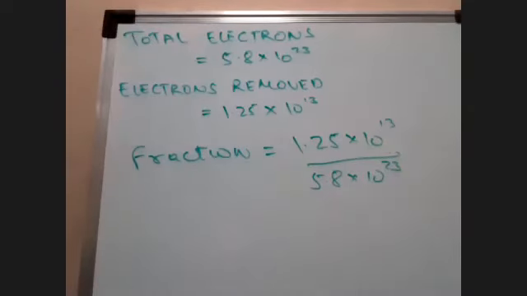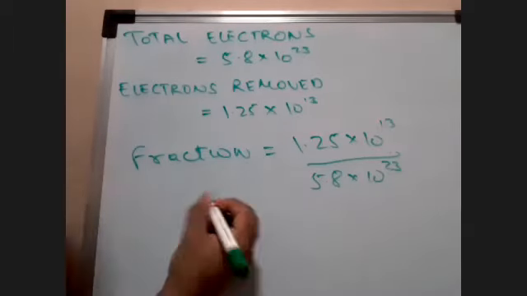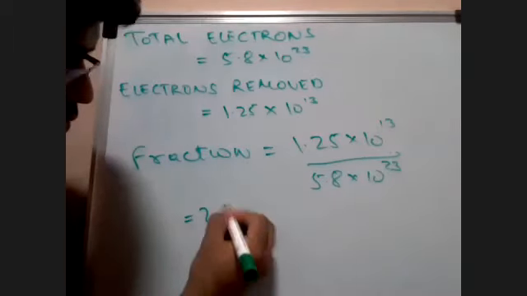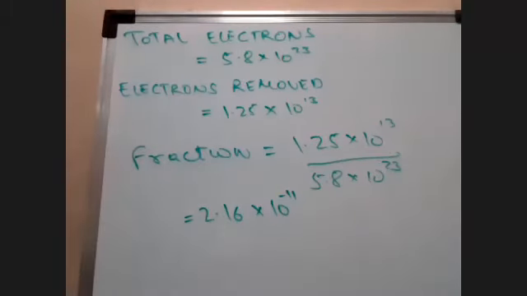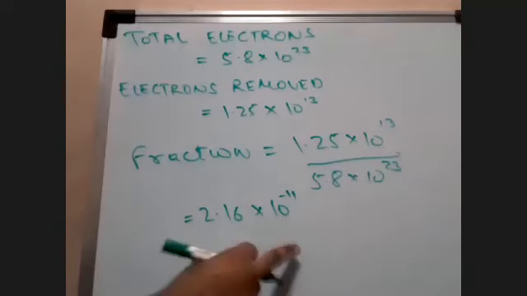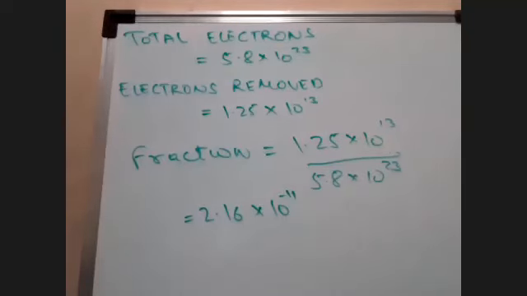How much will that be? That will be 2.16 into 10 raised to minus 11. So this is the fraction of electrons that must be removed from the sphere to give it a charge of plus 2 microcoulombs.